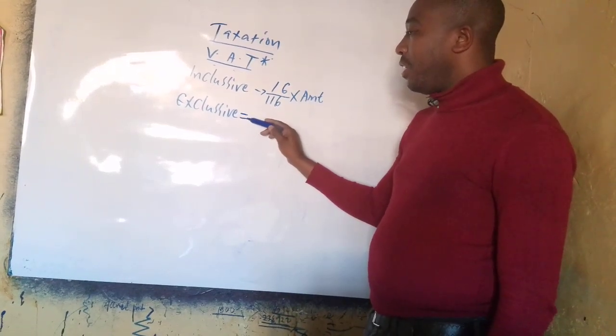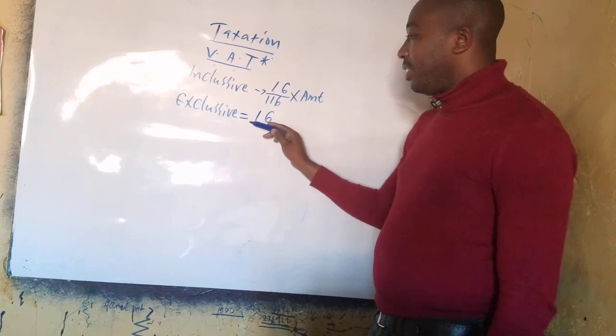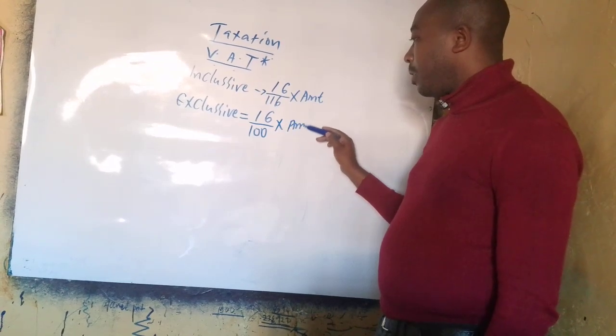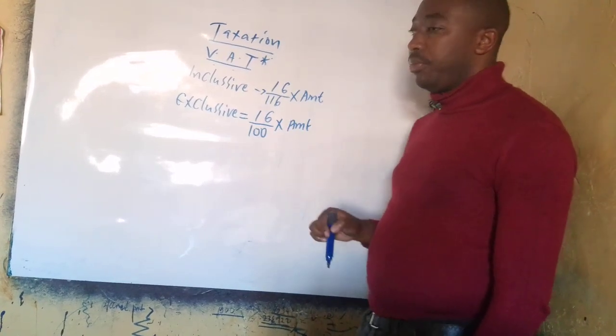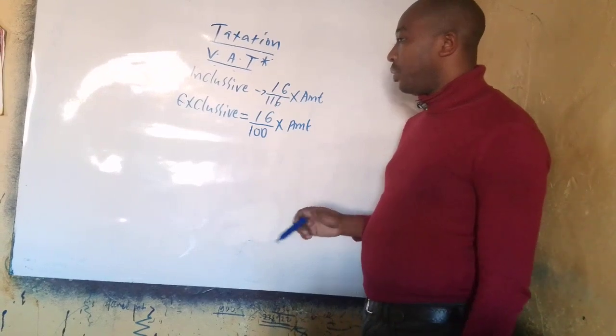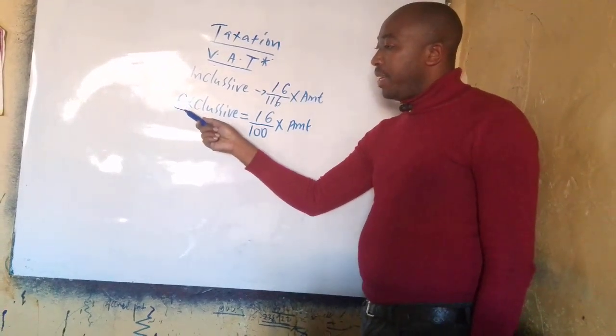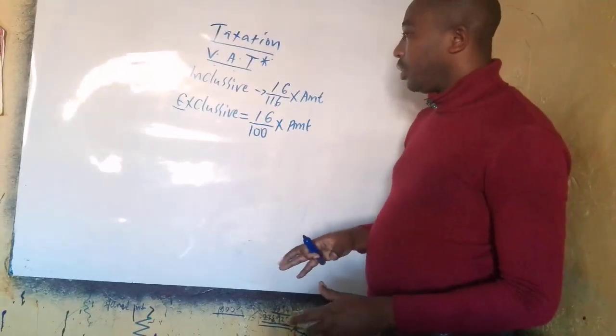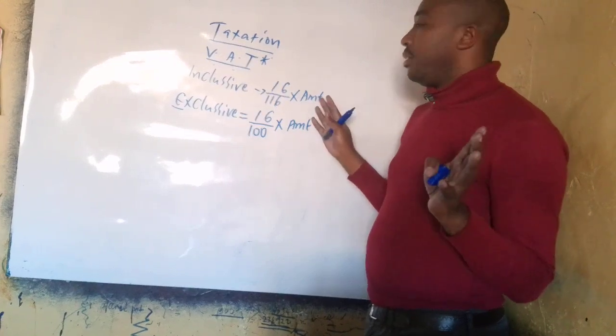For the exclusive, we take 16 out of 100 times the amount, because exclusive means that commodity has not included the VAT, so it is 100%.